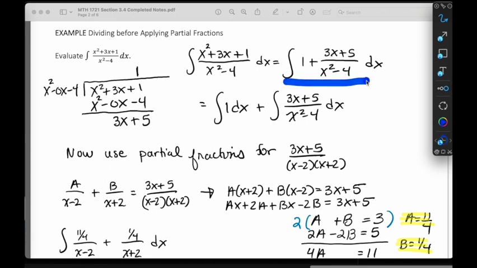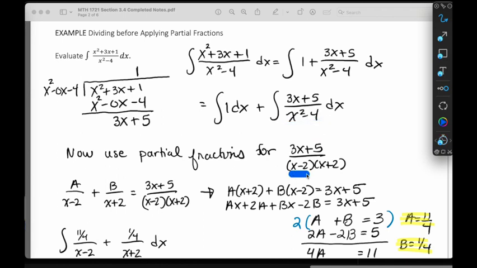Now I can split this up into separate integrals. This I can integrate directly, and for this integral, I have to actually now use partial fractions on this. So the first thing I want to do when I start my partial fractions procedure is I want to factor the denominator.